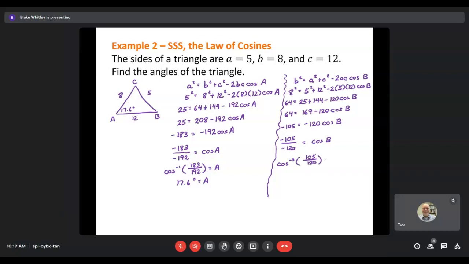If you wanted to simplify that, you could, but we're going to use our calculator to get this angle anyway, so there's really no reason to simplify. So we'll do inverse cosine 105 over 120, and that should give us, if we round to one decimal place, 29.0 degrees.